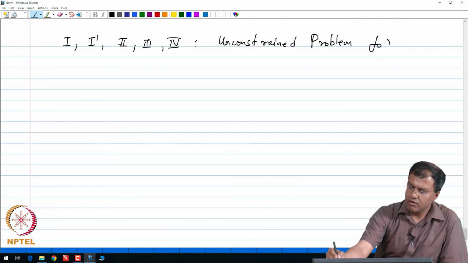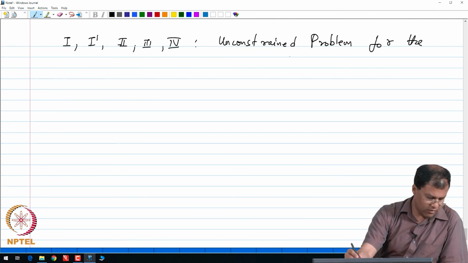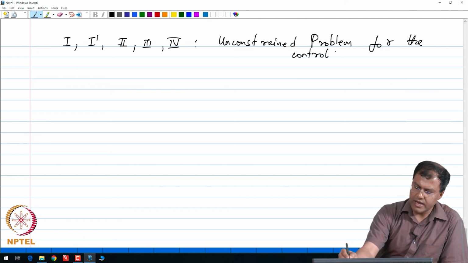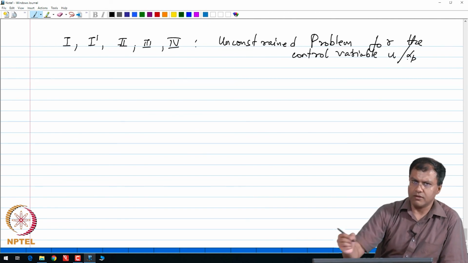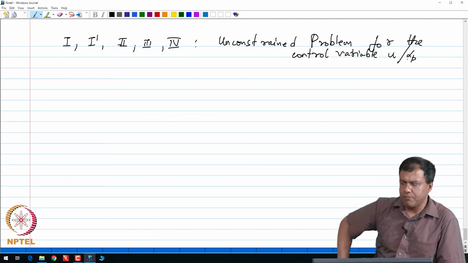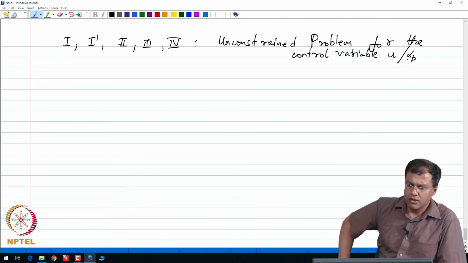for the control variable u or alpha p, whatever it is, because the pth equation will be given alpha p, and that will directly give me the function u, right.